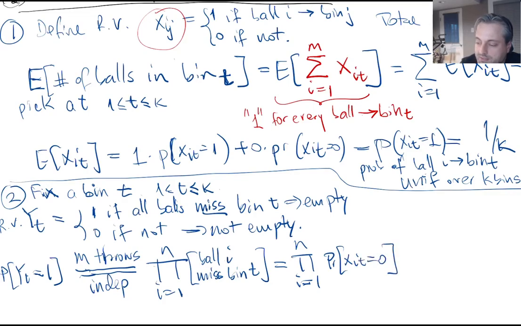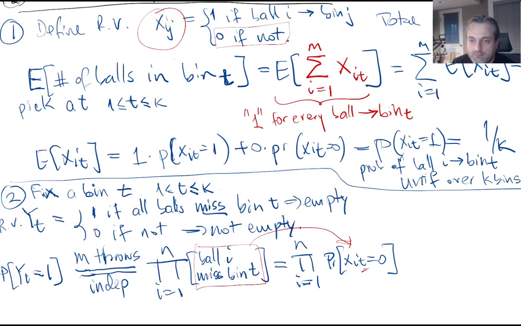Again, that's what it means to miss the bin t. It means it went somewhere else. Notice I put a t, not a j, because I'm talking about bin t here. It's bin j in general.